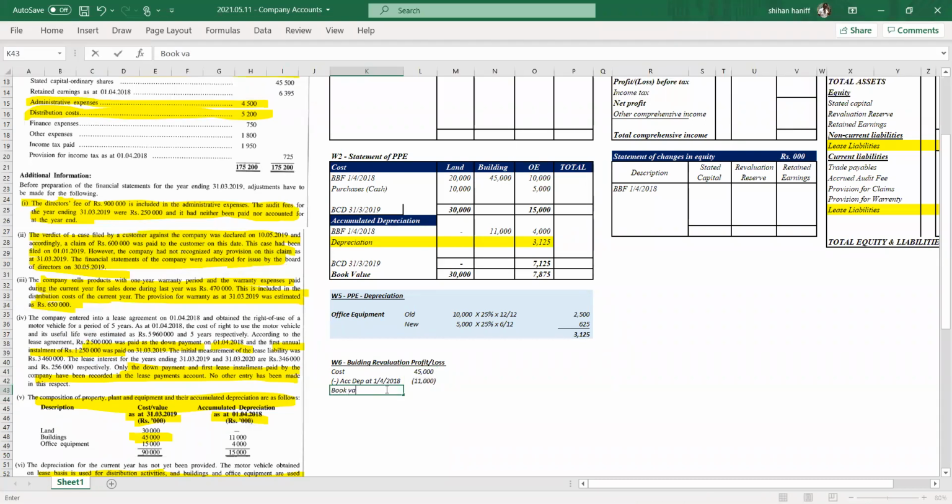Book value on 1st of April 2018 is 34,000. That's the book value.